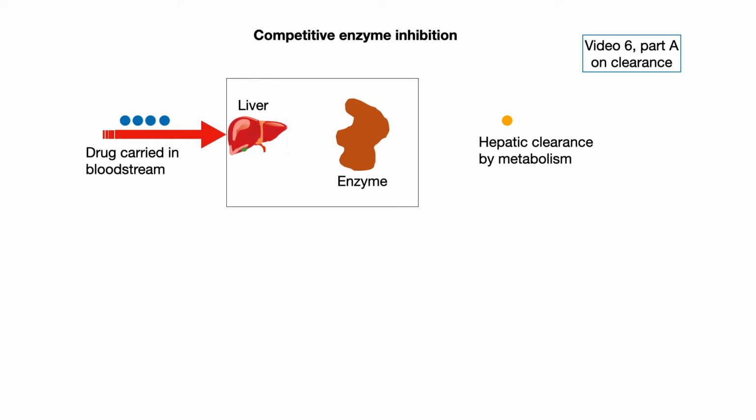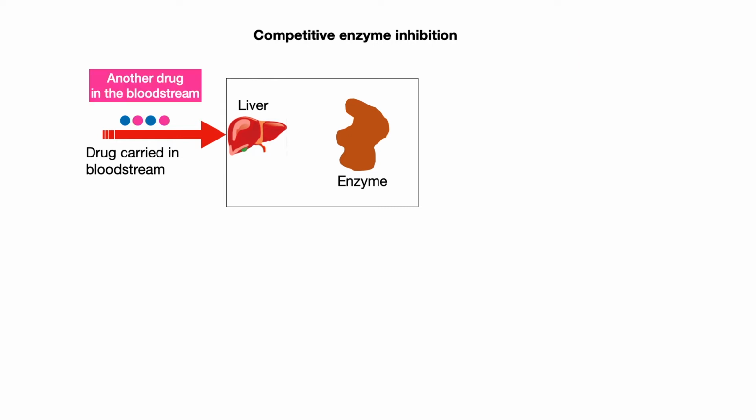Now let's consider a slightly different situation, this time where you have another drug in the bloodstream. So we have our blue dot drug, but we also have this pink dot drug as well. And our pink drug now binds onto the enzyme and it blocks the blue dot drug. Now, it doesn't block it entirely, it competes for the active site.